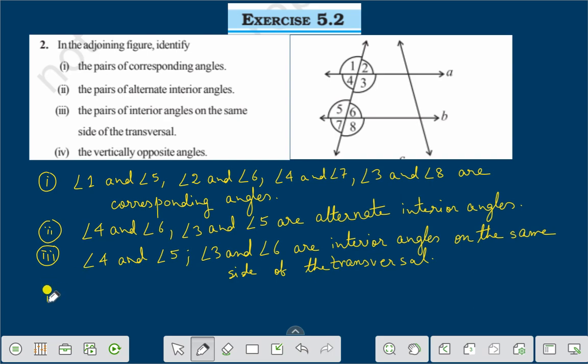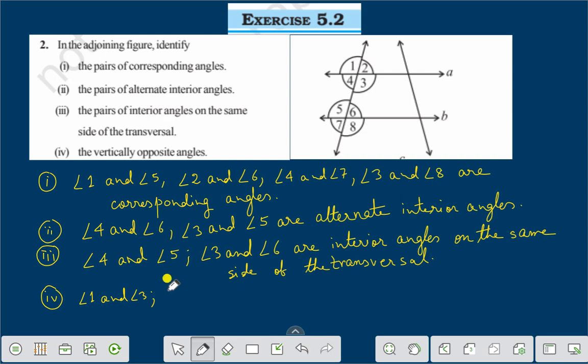Question number 4. The vertically opposite angles. Here you see angle 1 and angle 3, angle 2 and angle 4, angle 5 and angle 8, angle 6 and angle 7.